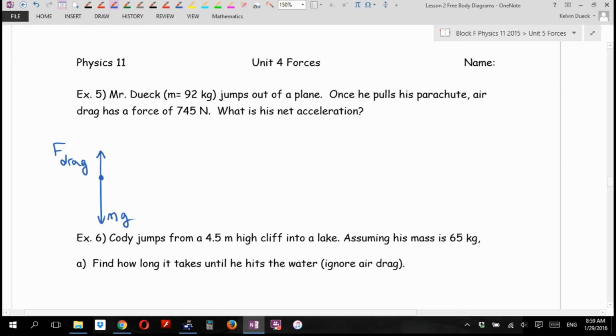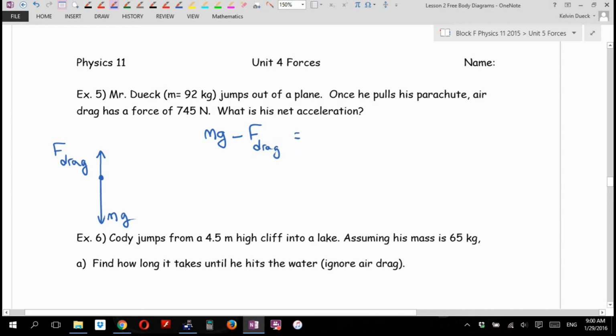Okay. Who's winning? Who's the loser? Minus equals, what's it always equaled so far? F net, which we said was just what? MA.